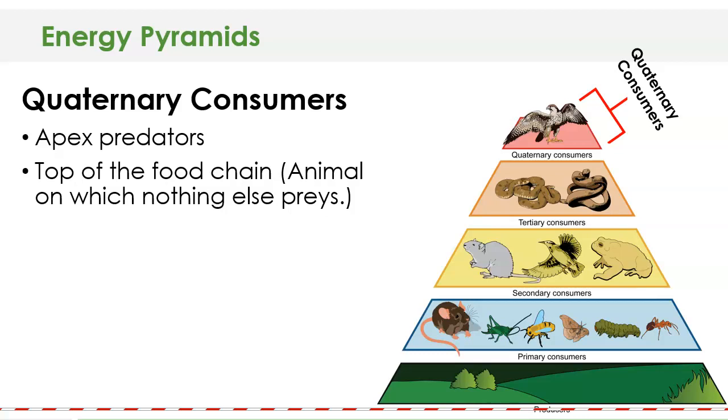Okay, there is nothing else that they are a predator for, or is a predator for them, excuse me. They almost always are carnivores. Occasionally you will have apex predators that are omnivores, but most often they tend to be just carnivores. And of course, because they are consumers, they are heterotrophs. Heterotrophs are consumers, they cannot make their own food.